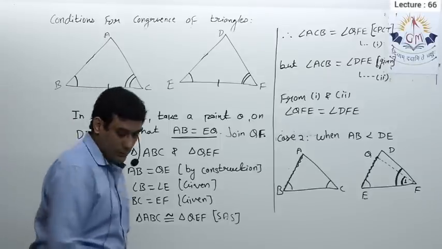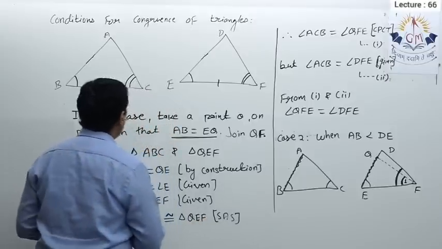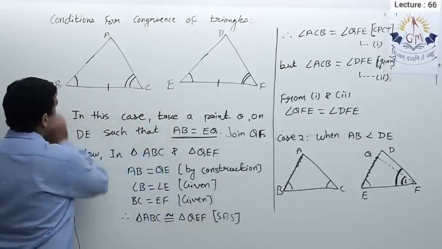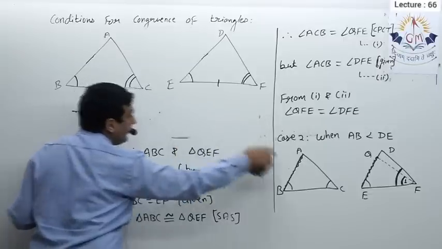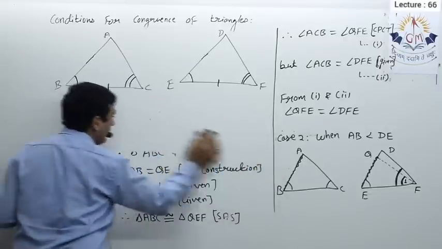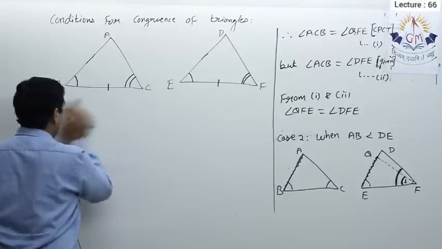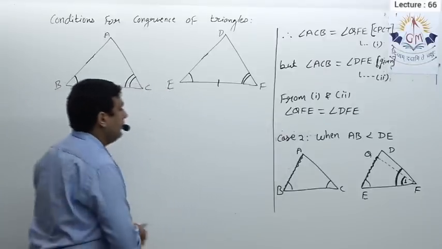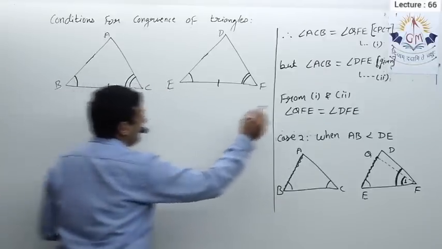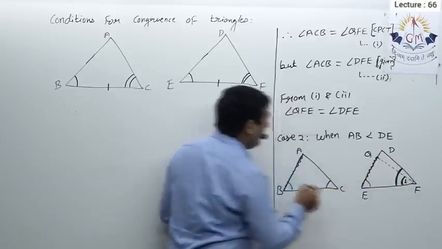Okay, so now after this, I'm considering that you have noted down this. I'm not removing this diagram because I still need it to explain. So from 1 and 2, I concluded that angle QFE is equal to angle DFE.